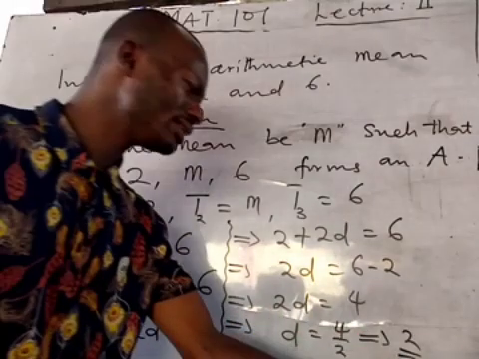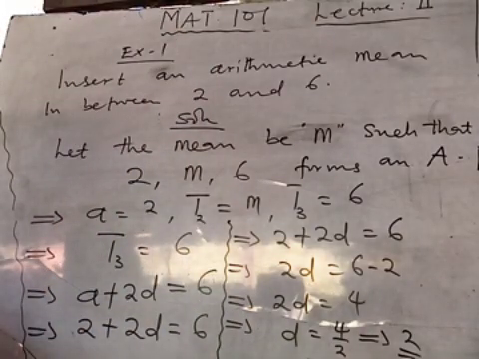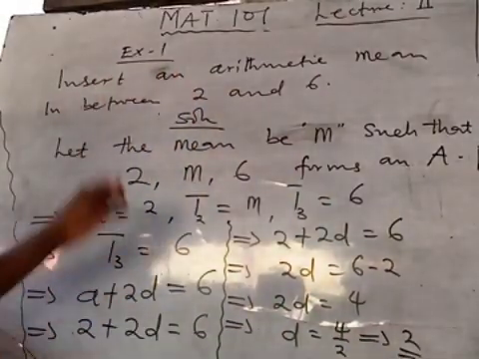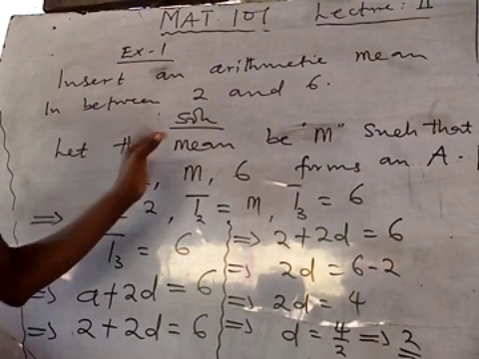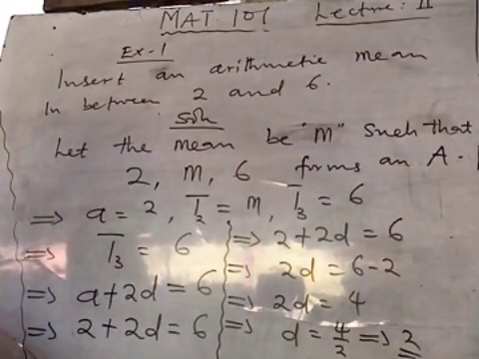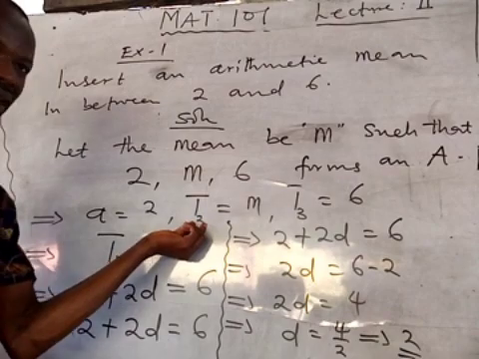Now, finding the common difference and the first term is not actually what this question is demanding from us. The question is demanding that we get the value of m, which is the arithmetic mean. The arithmetic mean here is equal to the second term.